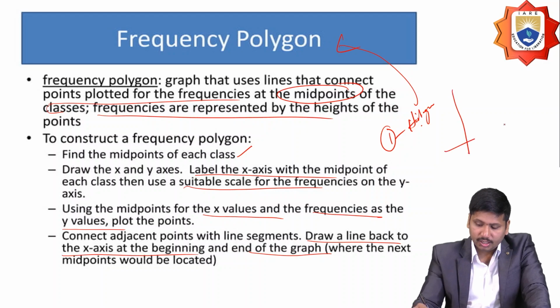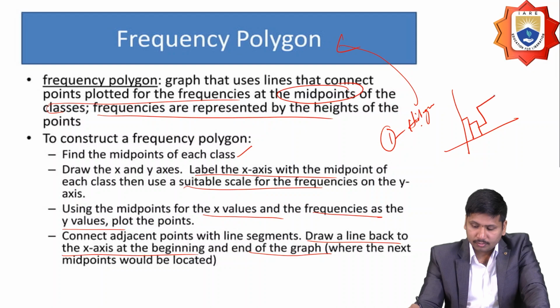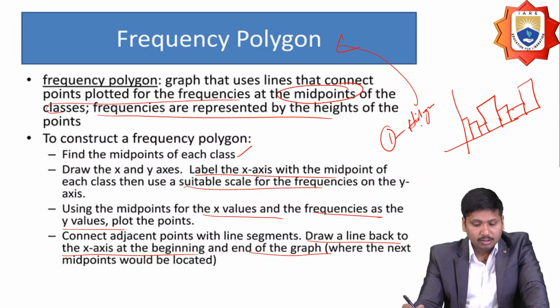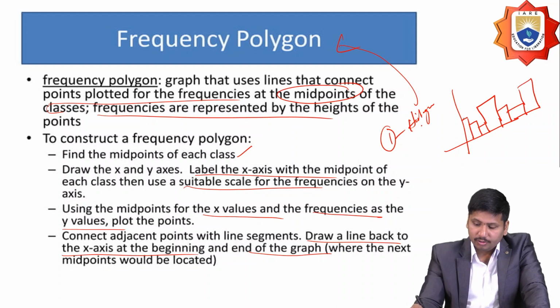That means once I have constructed the histogram, the very first thing we have to find out is the midpoint of each and every class. Then I have to label the x-axis with the values, and label the y-axis with the values.